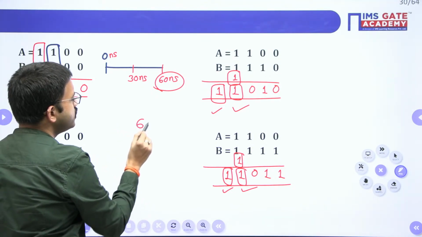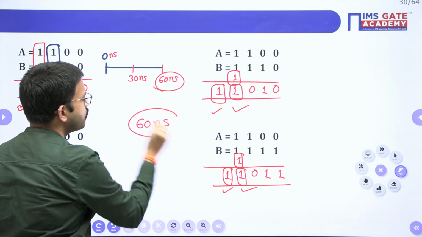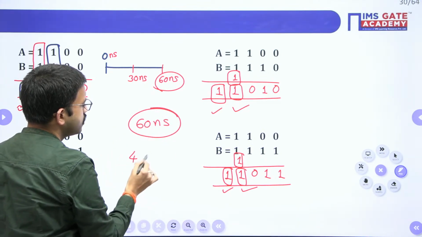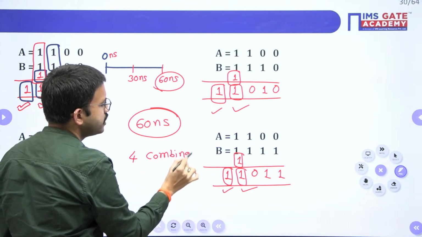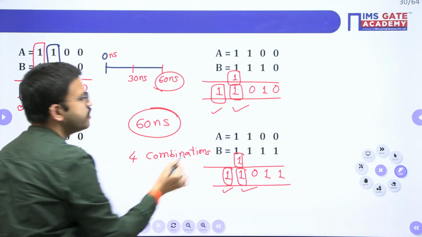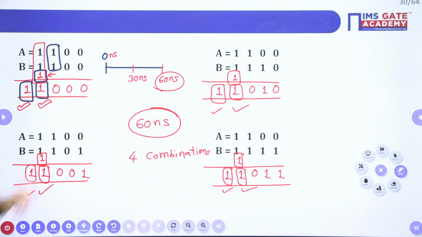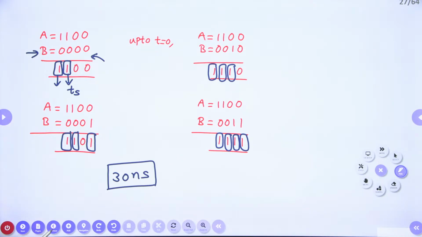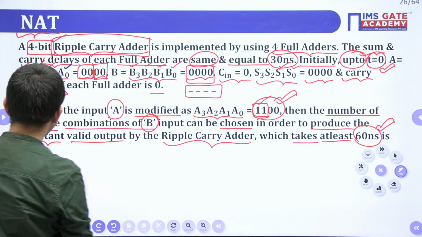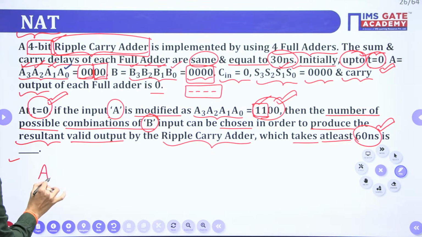So for all these 4 combinations also, the ripple carry adder is taking 60 nanoseconds. Previously we got 4 combinations, here we got 4 combinations. Together it is 8 combinations. So the answer for this question is 8.